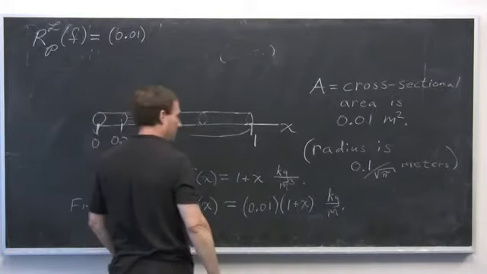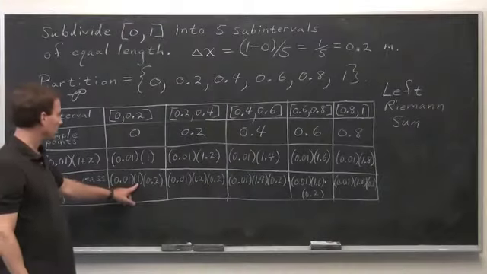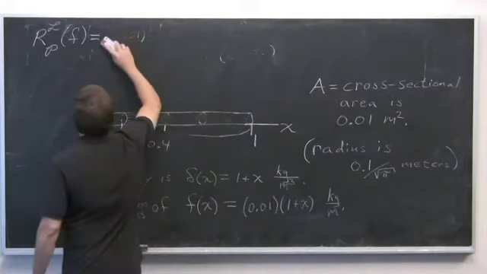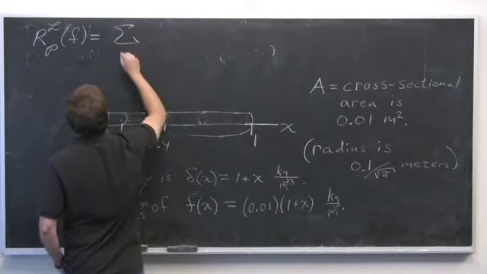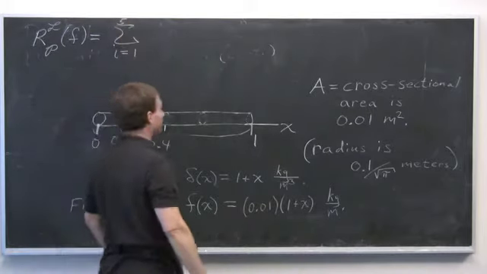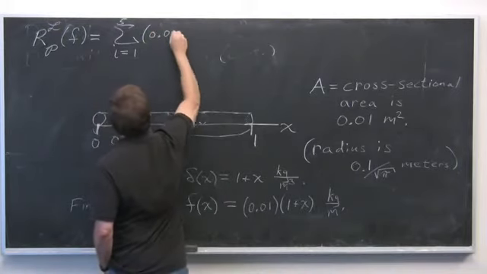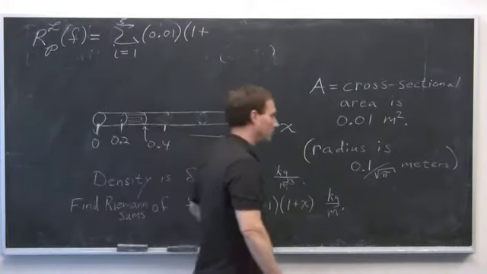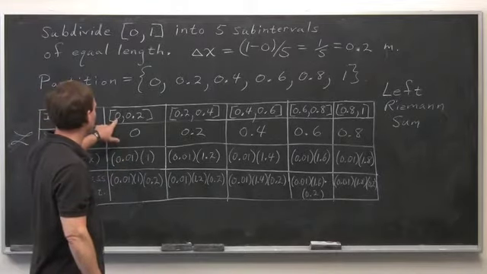0.01. Actually, let me use our summation notation. This will be much shorter. So we'll sum as I goes from 1 to 5. Each one is 0.01 times 1 plus, in the first subinterval, you use 0.